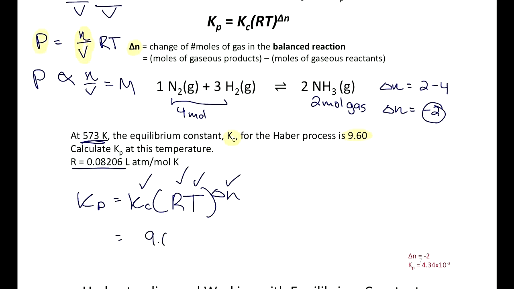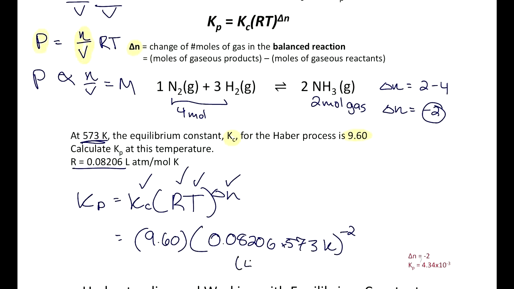So Kp is Kc times a factor of RT, so R is 0.08206, times temperature, so 573 Kelvin, to the -2 exponent. So simply, what's inside that parentheses is something like 47 to the -2.